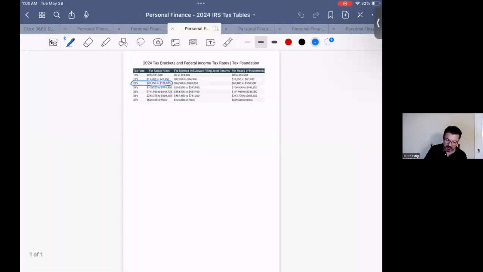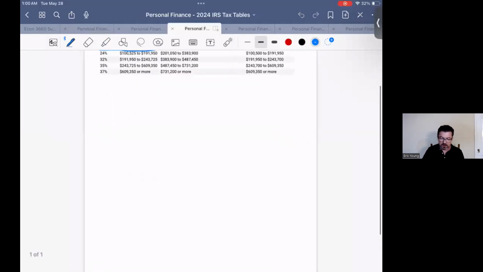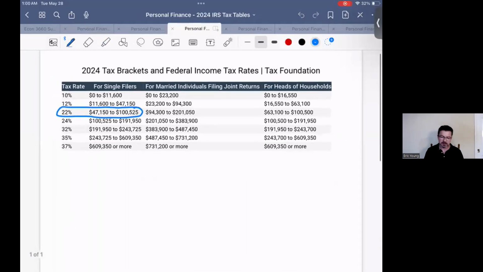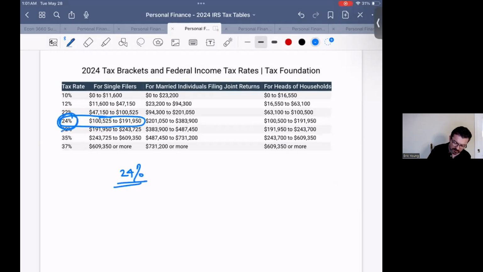So whatever tax bracket you're in, let's say that you have a really good year and you make 150,000, that puts you in the 24% bracket. If you sell some stocks or a collectible and you have a capital gain, if it's a short-term capital gain, that capital gain is treated as normal income and it is taxed at your 24% rate.